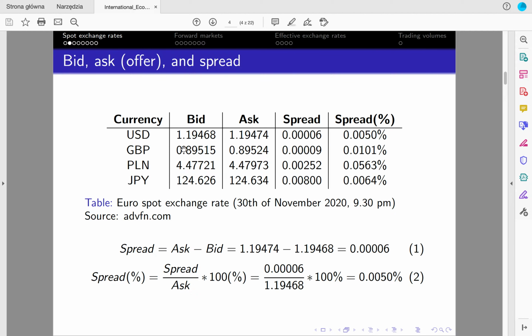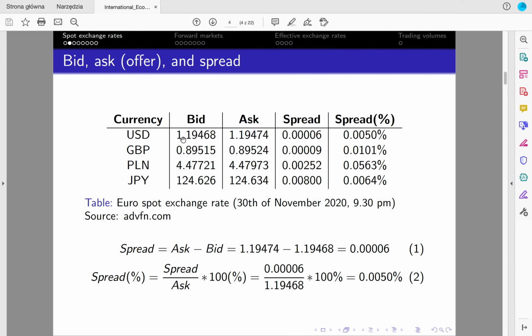If you're gonna sell euro, you're gonna get $1.19, and if you're gonna buy euro, you're gonna pay $1.19 as well, but with a bigger amount after the decimal places. Okay, so look, we see that ask is of course bigger than bid, because the institution that is selling you this wants to make some money.